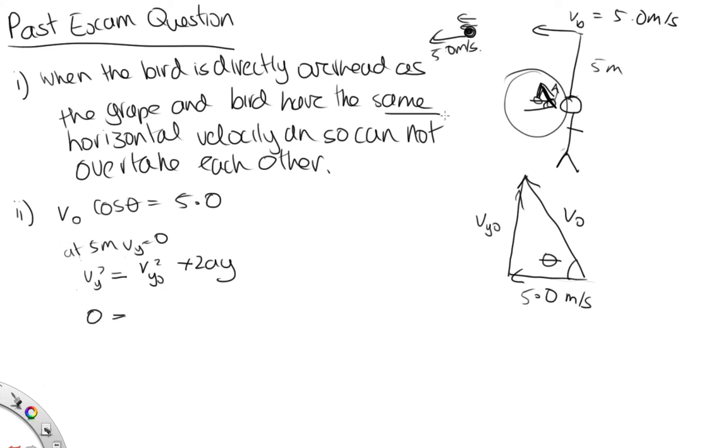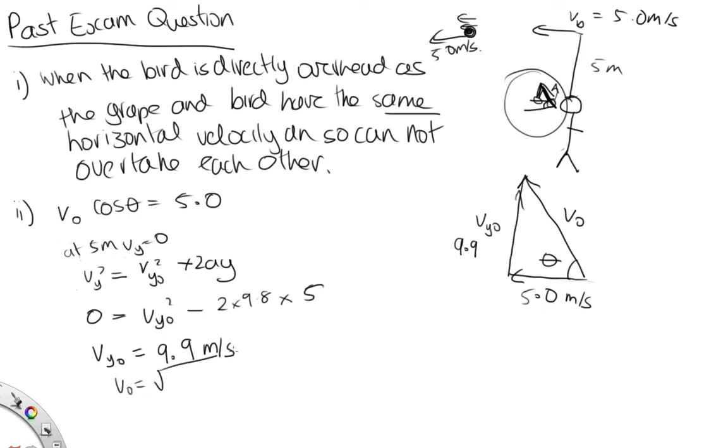So 0, this is up here at 5 meters above your head, is equal to Vy0 squared minus 2 times 9.8. These have the opposite direction. Initially it's going up and the acceleration's down, times y, which is the 5 meters. So we have Vy0 is equal to, on the calculator we get 9.9 meters per second.